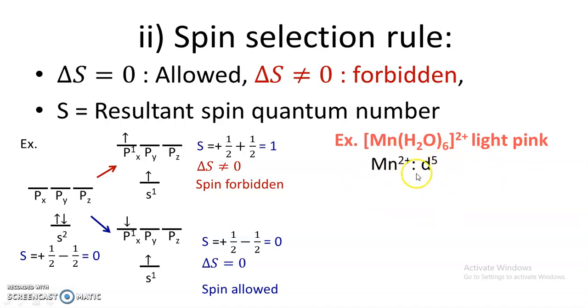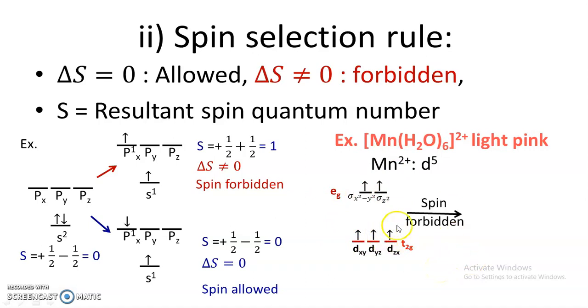In this complex, the manganese ion Mn2+ has an electronic configuration d5. The d orbitals split into two levels, t2g and eg, and here there are 3 electrons in the t2g level and 2 electrons in the eg level, so the number of unpaired electrons is 5. Suppose one electron from the t2g level is excited to the eg level, then this is a spin forbidden transition.